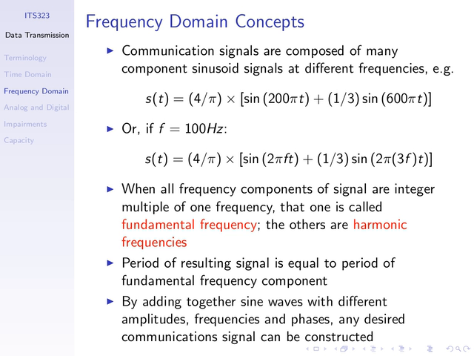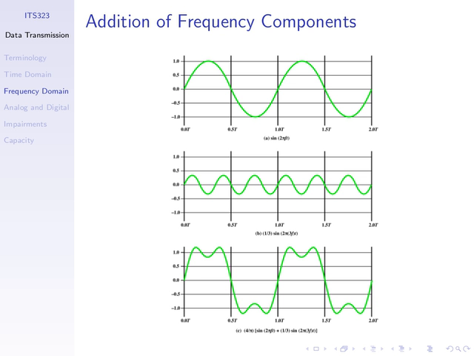Let's plot some. Here we have those two component signals in the top plots, or close to. We don't have the 4 on pi as the peak amplitude here. It's just sine 2 pi ft. You'll see the shape.